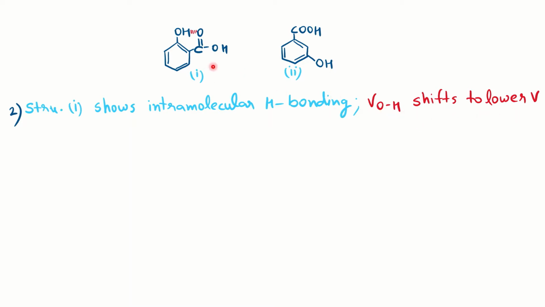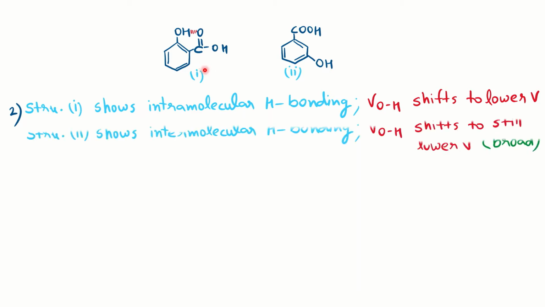You will get a very broad peak for this, and for the second molecule you will have intermolecular hydrogen bonding, which is further lower, and you will get again a broad peak for this. Intermolecular hydrogen bonding is concentration dependent, while intramolecular is independent of the concentration.